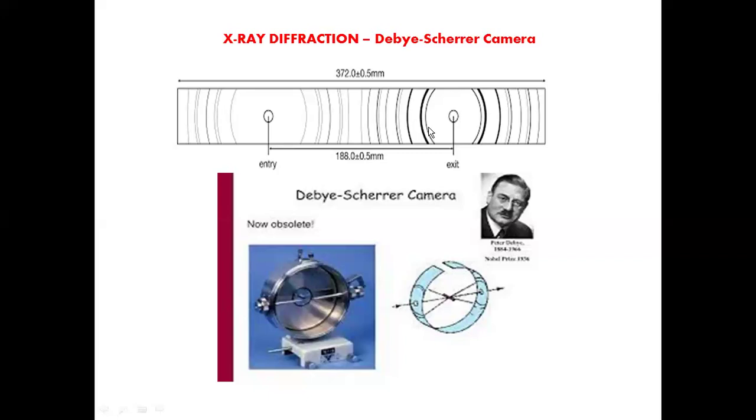One more thing is observed here. You can see doublets and singlets. This pattern consists of doublets and singlets.